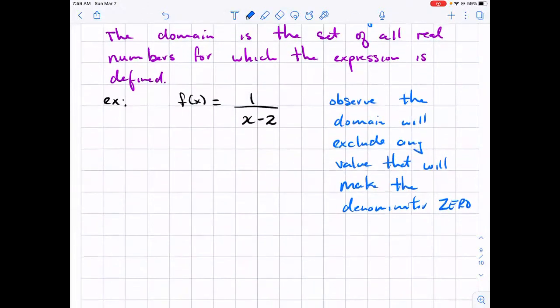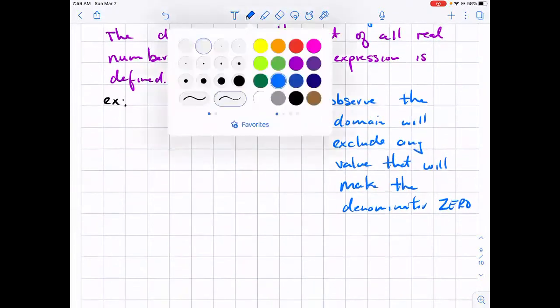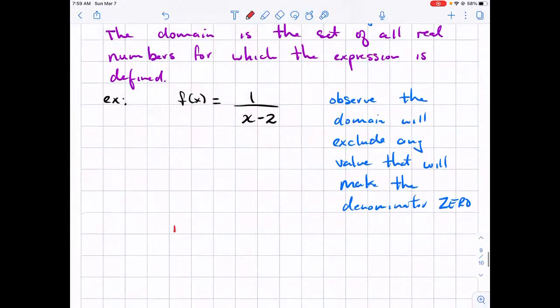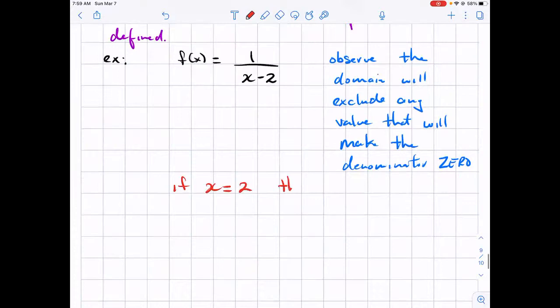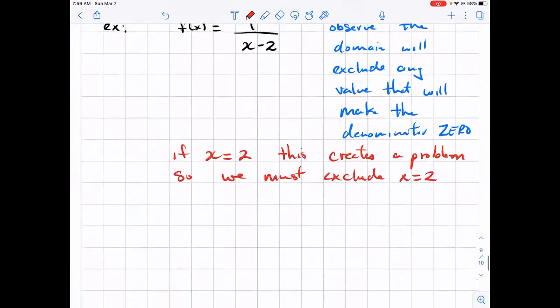So notice here that if x is 2, this creates a problem. So we must exclude x equals 2.